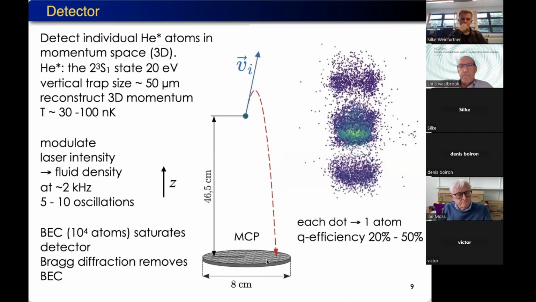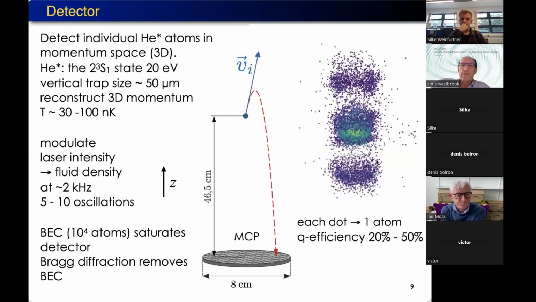Since the initial condensate is very small compared to the length of this fall, the positions and times we detect allow us to accurately reconstruct the velocities that the atoms had when they were released. So I'm going to talk interchangeably about arrival times and velocities in this problem.